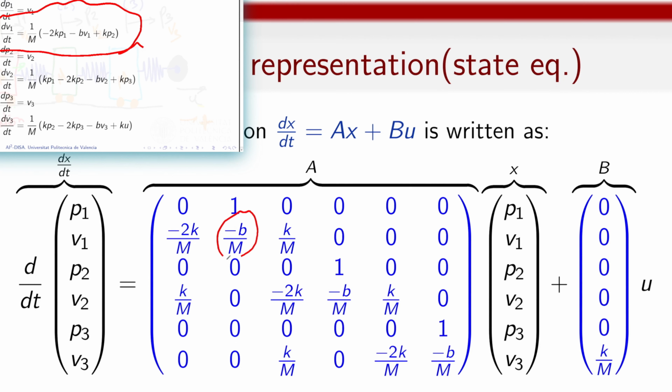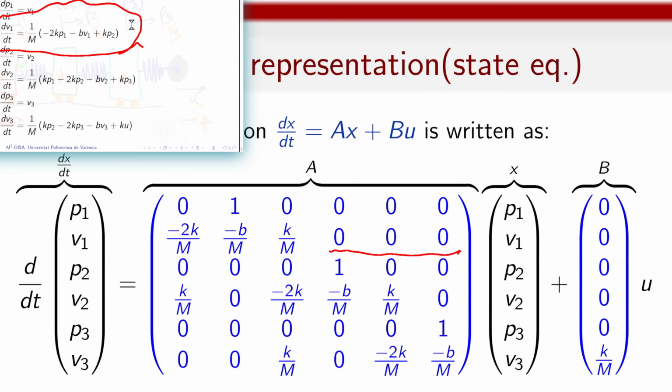So this minus b over m is what will be multiplied by v1 in the matrix product. So this translates to this. And last, p2 is multiplied by k over m. So this k over m is indeed what will multiply p2 when we carry out the matrix product. And of course, these three zeros will multiply these three variables, so v2, p3, v3 will not appear in the equation, and indeed they do not appear in here.